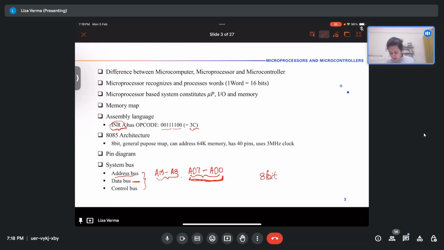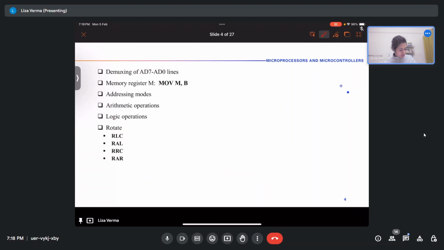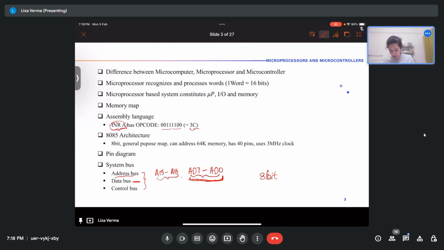Next is the control bus. The function of the control bus is to synchronize all the signals, right? The control bus will dictate how and when which data is going to be transferred to what part of the microprocessor.